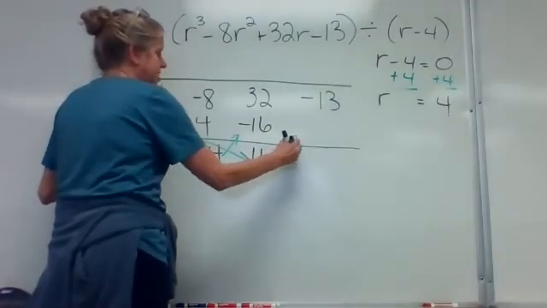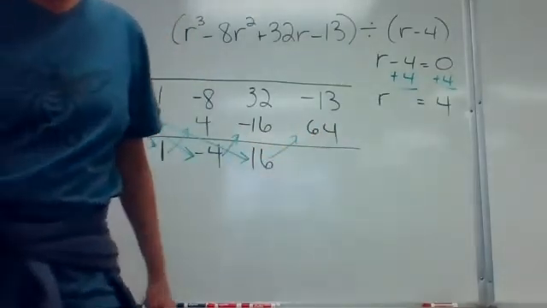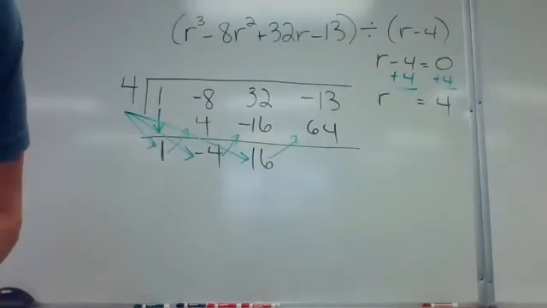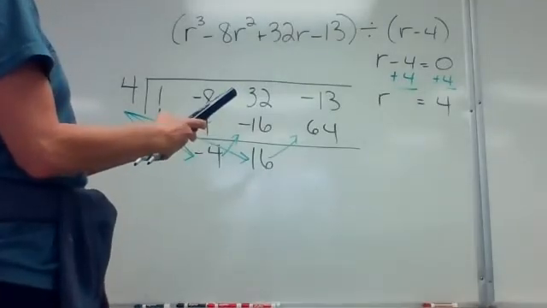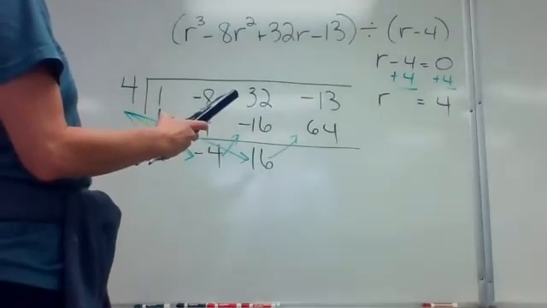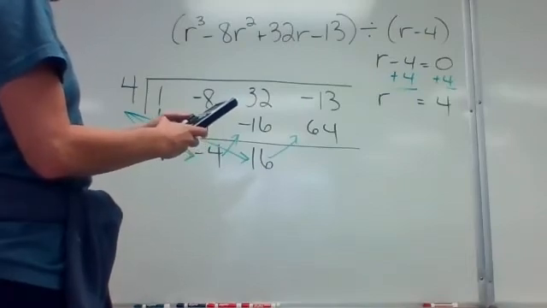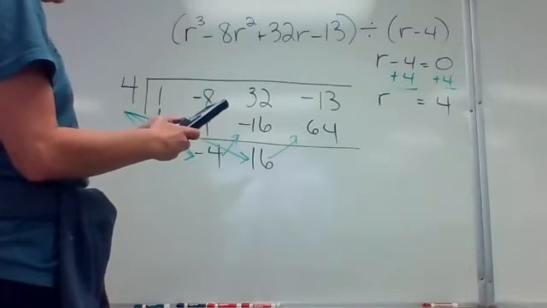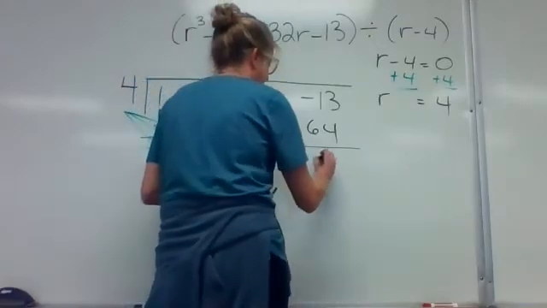Now I have 16 times 4, which is 64. So when I add that together, -13 plus 64 gives me 51.